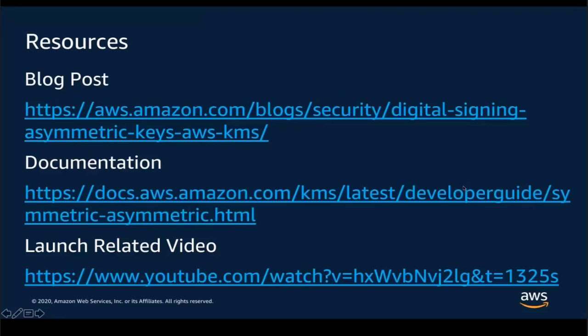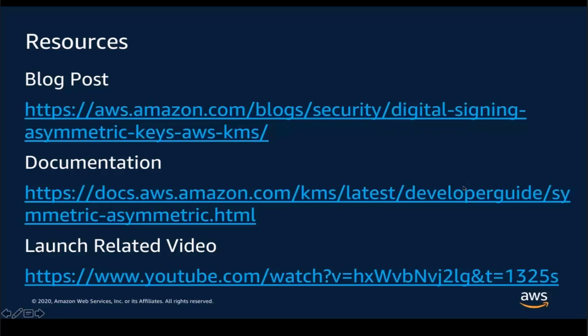With that, I want to leave you a few resources. We have a blog post that was published recently that goes into details about what asymmetric CMKs are and what the feature launch is, and gives you some more details about how you can take advantage of this new feature.